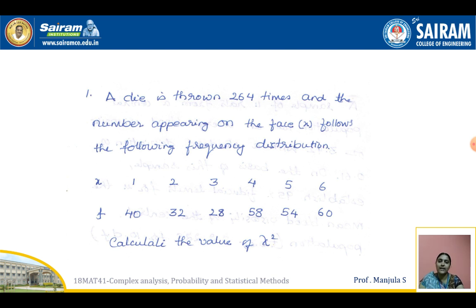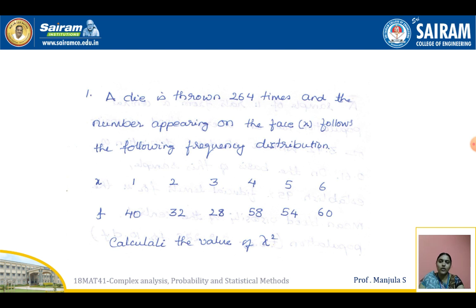Just reread the question here. A die is thrown how many times? 264 times they are going to toss that die. A die means 6 faces with 6 numbers, 1, 2, 3, 4, 5, 6. Here just observe the data.